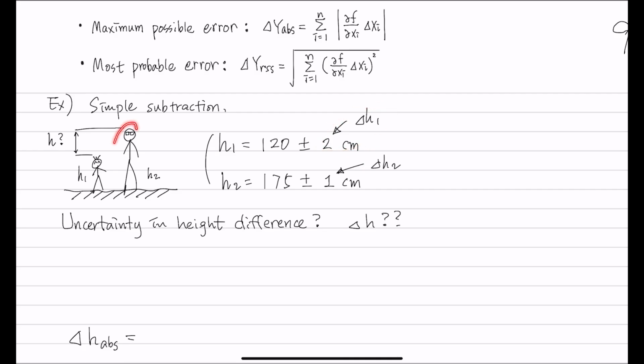And this person's height is 175 plus and minus 1, and that's the uncertainty for that case. The question here is, what's going to be the uncertainty in the height difference? So we can just call this h is h2 minus h1. What do you think the delta h is going to be?